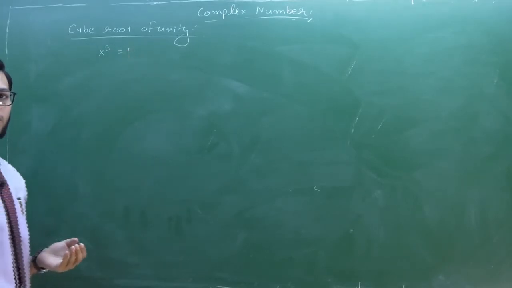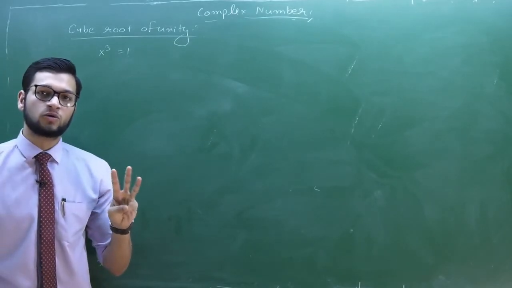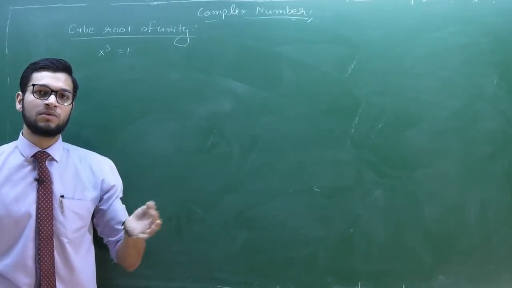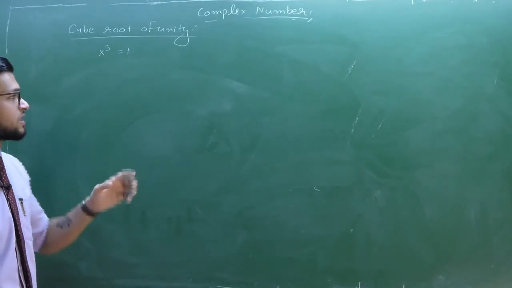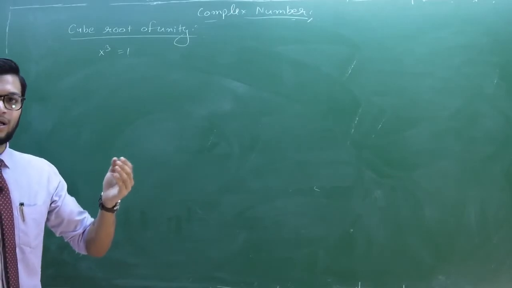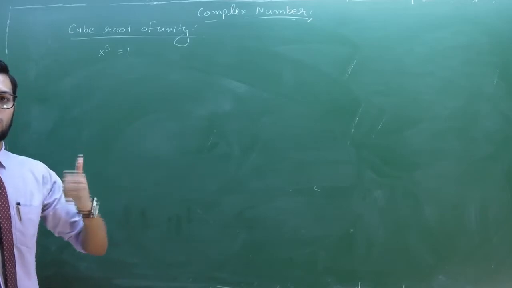Then we have a cubic equation. It means we have three different roots, in which one is real, or two may be real or imaginary. So one is definitely real, because if we put x equal to 1, then 1 is definitely equal to 1. It means x equal to 1 will definitely be a root of this equation.